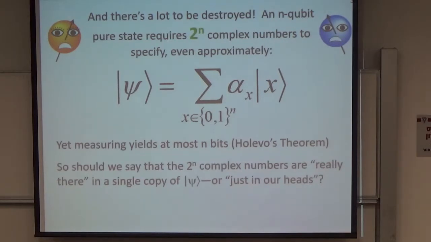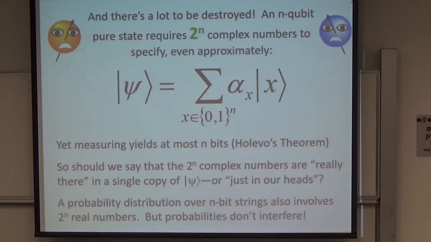I won't use such fancy words for the rest of this talk. The way I think about it is, we can get some intuition by looking at the analogous question for classical probability distributions. If we had a classical distribution over n-bit strings, in some sense that too involves an exponential number of parameters, in this case probabilities.